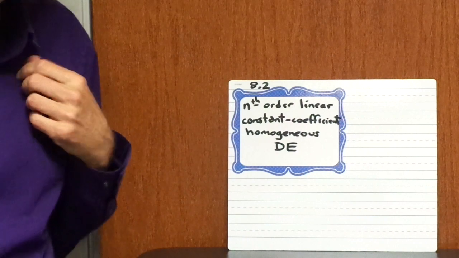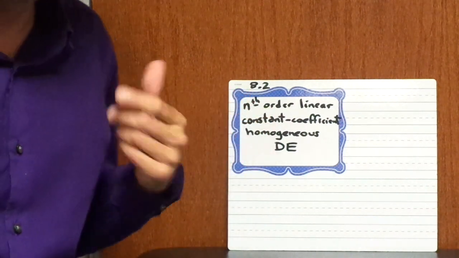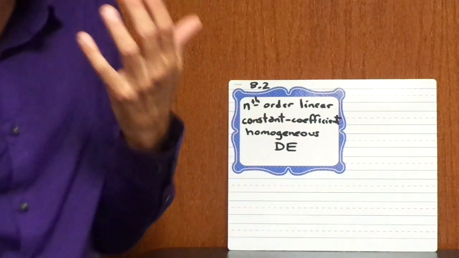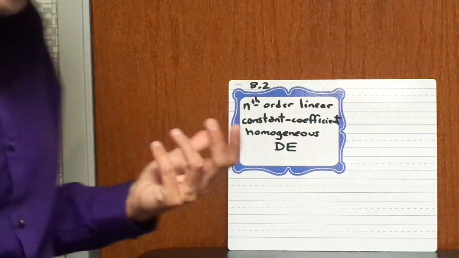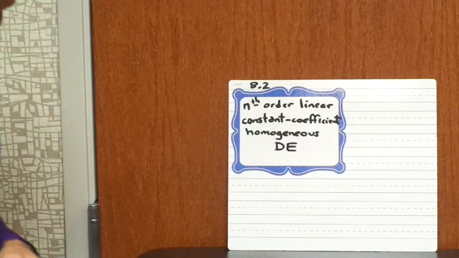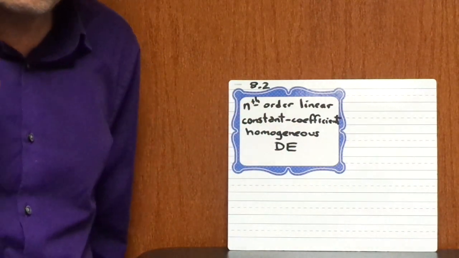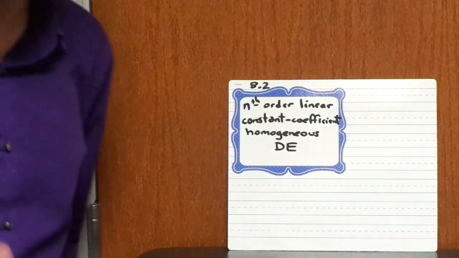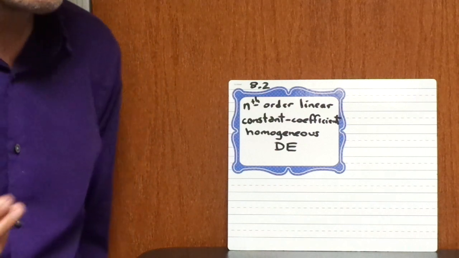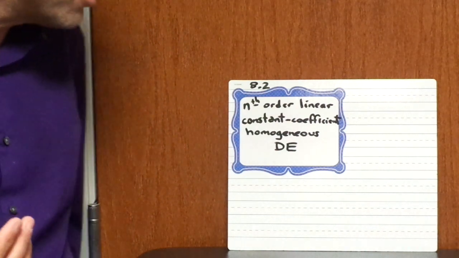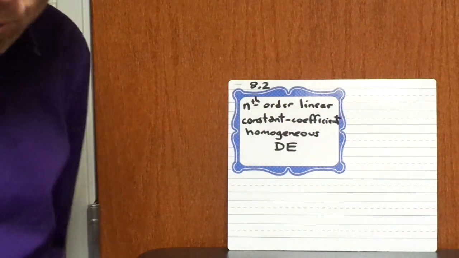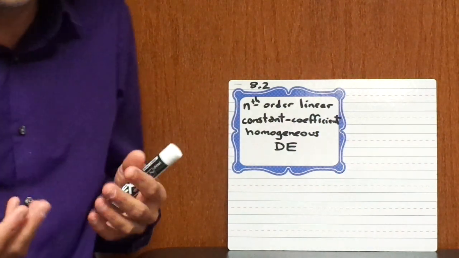The topic of this section is nth order linear constant coefficient homogeneous differential equations. That's an awful lot of assumptions about our differential equation. As I've said many times, most differential equations are impossible to solve. However, if we put enough constraints and conditions on those equations, we can actually make some headway and try to solve for the unknown function.